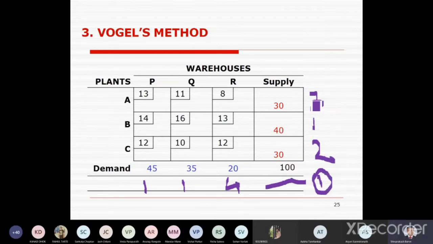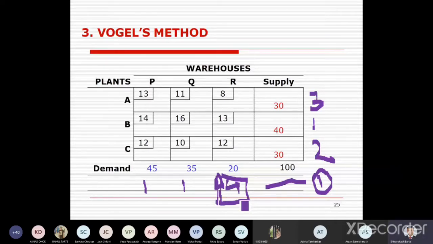Now these are called penalties. These are the row penalties, these are the column penalties, and out of these we have to find the largest number and go for that row or column.